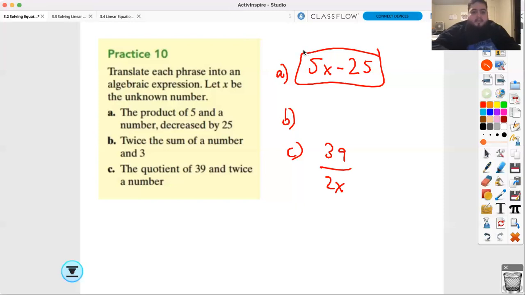So x plus 3 for B. The only thing that x plus 3 shows, class, is this part here. It shows the sum of a number and 3. What's missing?